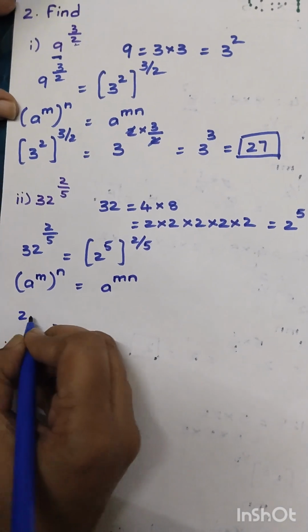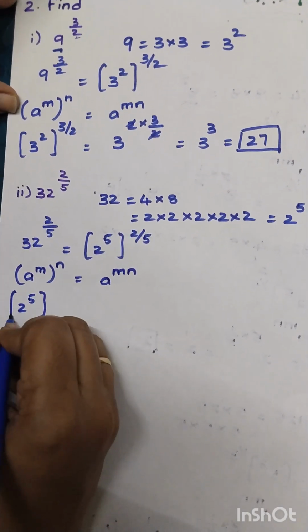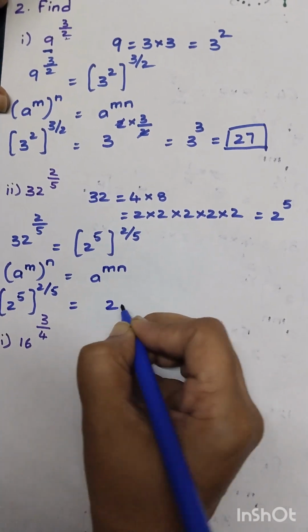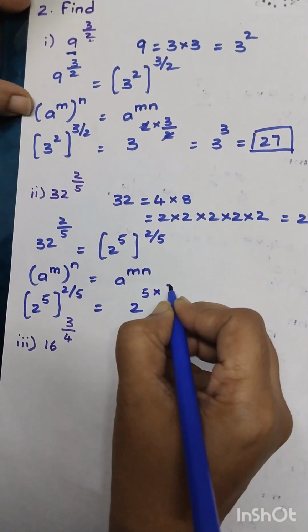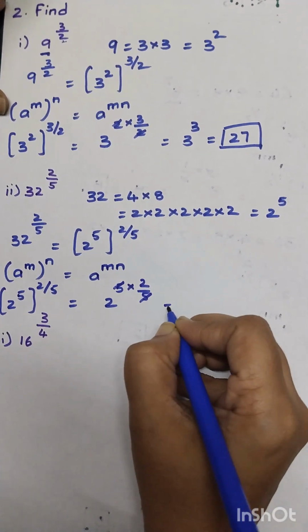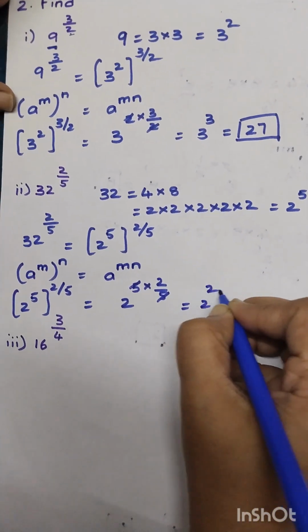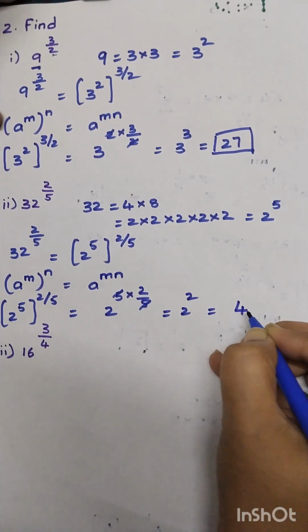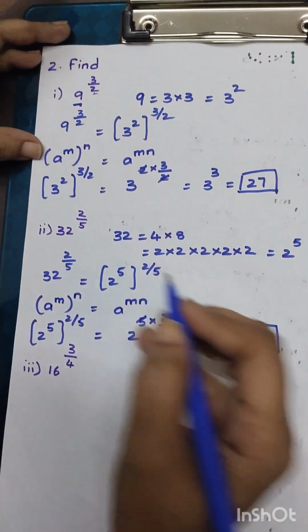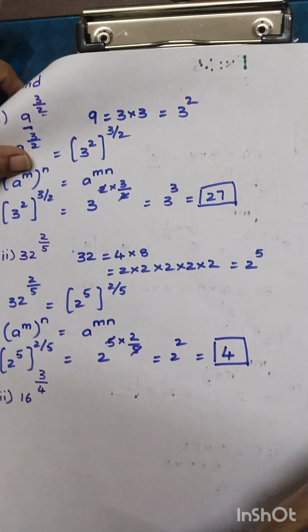So 2 power 5 to the power of 2 by 5 will give us 2 power 5 into 2 by 5. So let's cancel the numerator and denominator. Now what do we get? 2 square, that is 4. So what is the answer? 4. 32 to the power of 2 by 5 gives us 4.